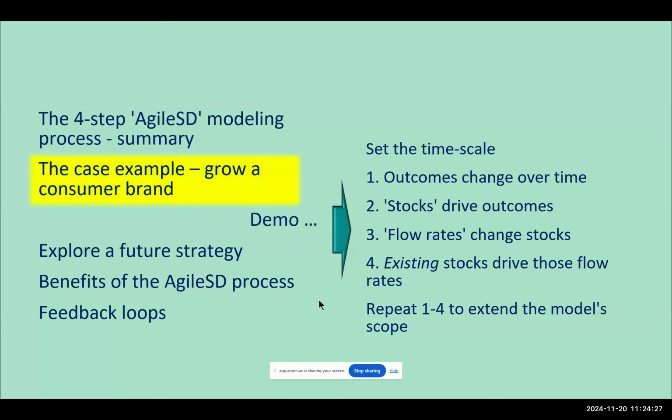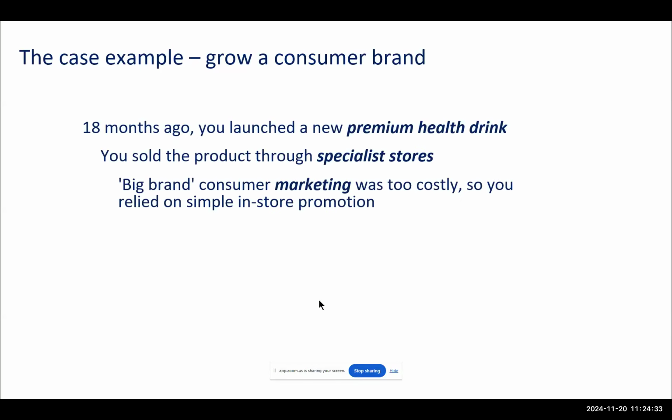So here we are. Let's introduce this case example of growing a consumer brand. So we're putting ourselves in the position of somebody. It's a very similar position to somebody I happen to know right now, as it happens. 18 months ago, you launched a new premium health drink. Now you're not Procter and Gamble or Coca-Cola here.